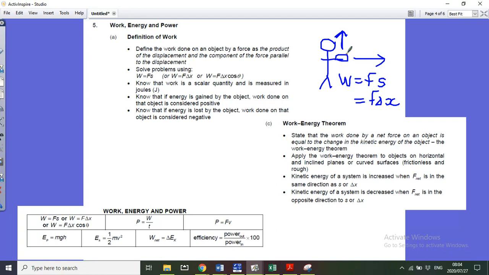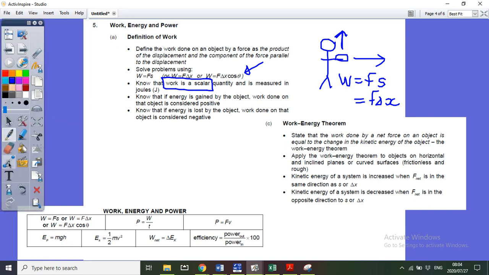Now, please also remember that work is a scalar, and for that reason, this equation is often used in the wrong way. So I would rather you stay away from this equation and remember that your force is the vector. Go and calculate your total force first, because the force has the direction.